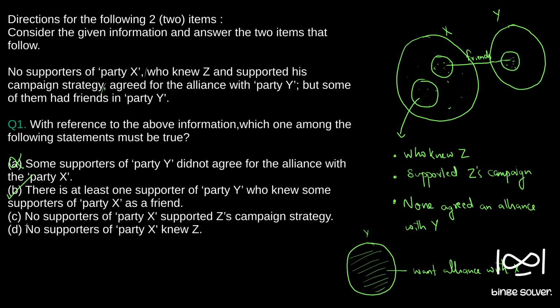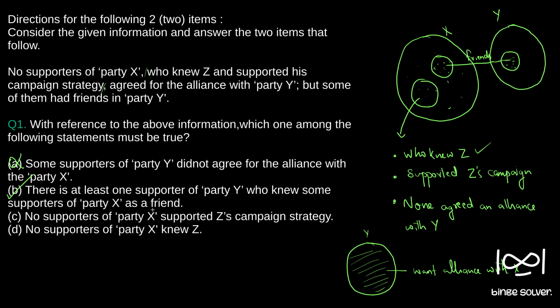In C, it says no supporters of party X supported Z's campaign. Again, as I said before, one could argue that there could be a scenario where no supporters of party X knew Z. But as I said earlier, the examiner wants us to assume that some supporters of X knew Z and supported Z's campaign.